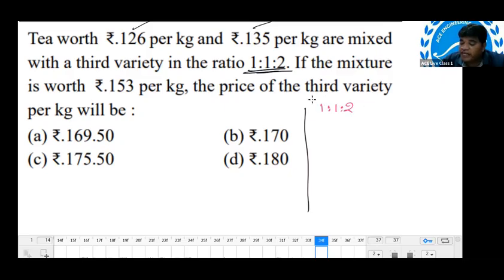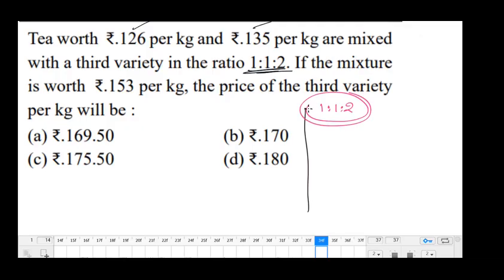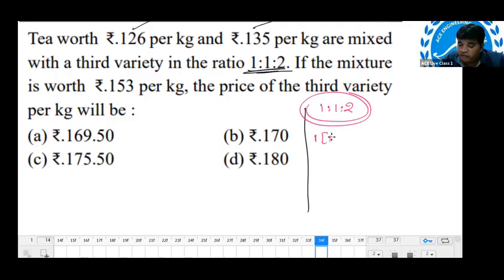1:1:2 means total how many kg? 4 kg. The first one is 126 each kilo, the second is 135 each kilo, and the third is 2 into x each kilo, which I don't know. After mixing I'm getting 4 kg, and each kilo they already gave as 153.